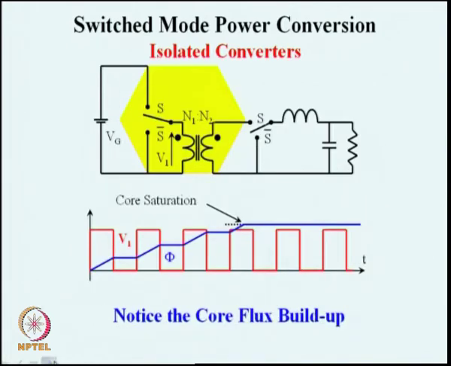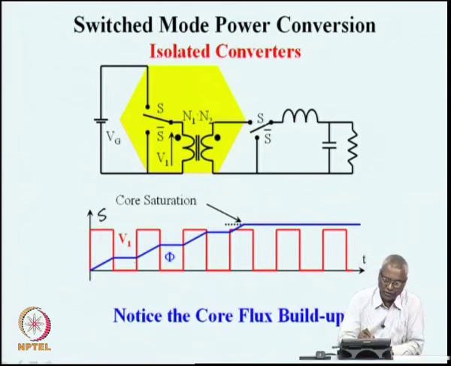If you build such a converter and operate it at a certain switching frequency with S bar and S as shown in this circuit, you see that the voltage applied to the transformer is unipolar. It is positive during the switch S on time, and it is 0 during the S bar on time.